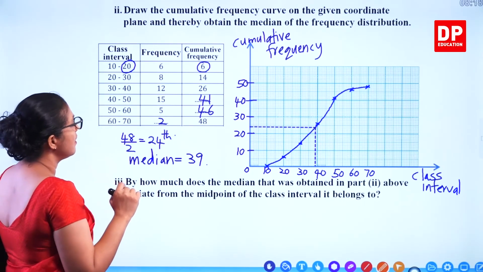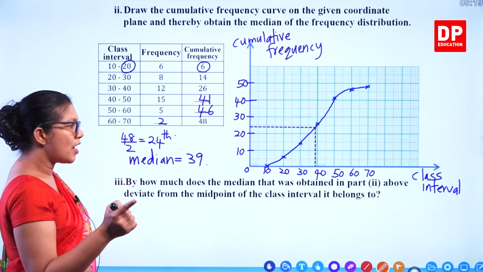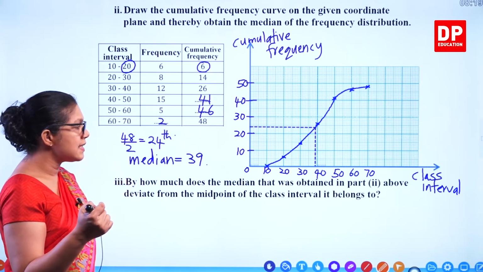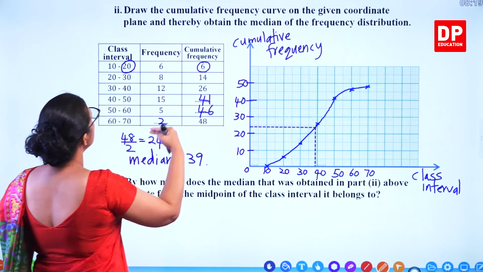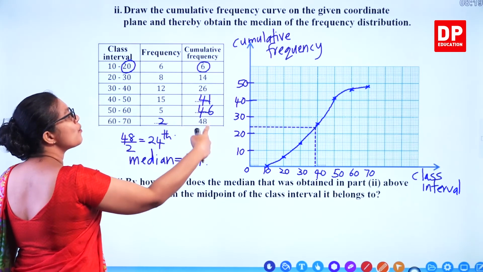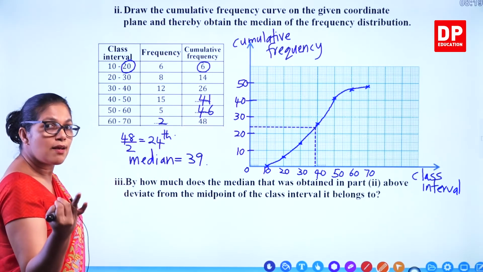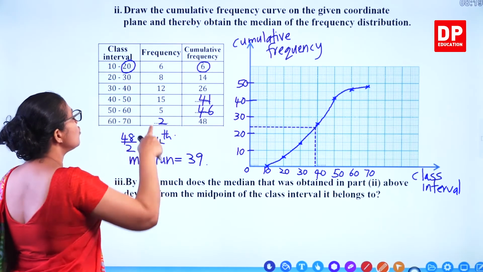So median is 39. By how much does the median that was obtained in part 2 above deviate from the midpoint of the class interval it belongs to? Now the 24th one, where do you get it? You have to look at the cumulative frequency column. After 14th, 15th, 16th, all up to 26th is in this region, 30 to 40.